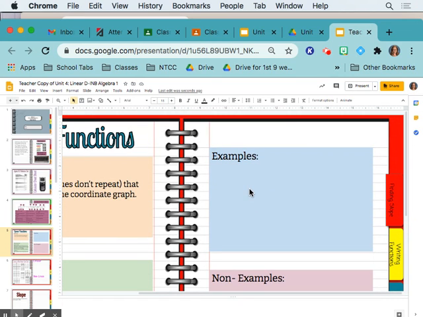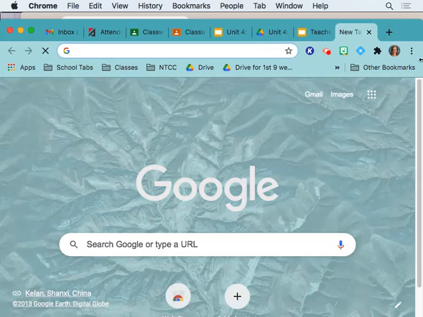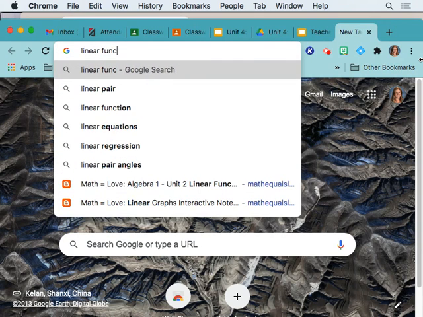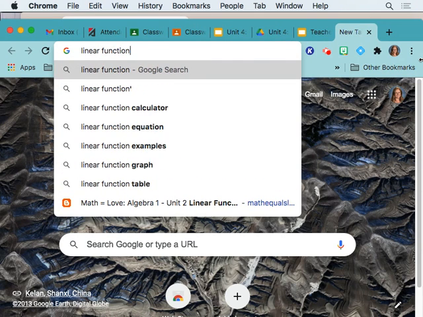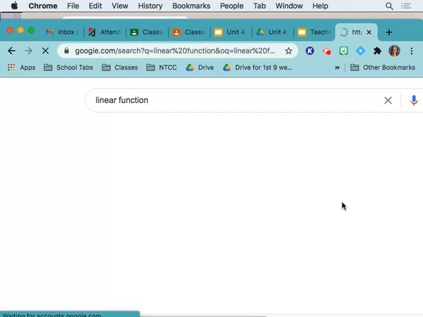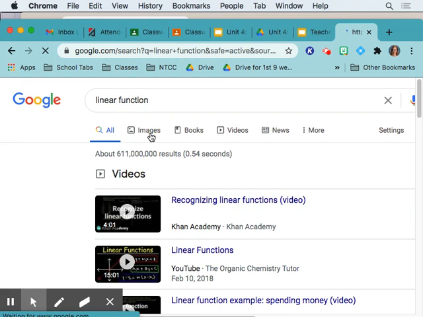So over here we are going to use some examples. So I'm going to go on another tab, and I'm going to search linear function and go to images.